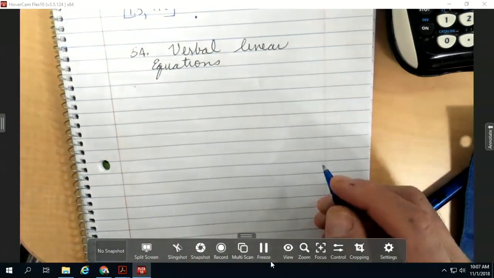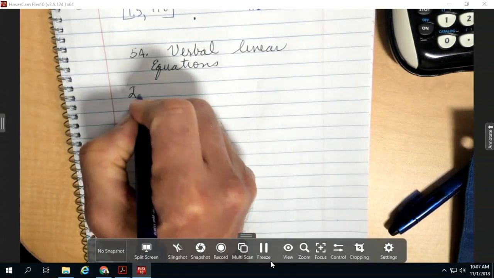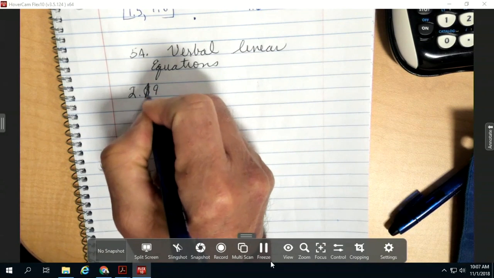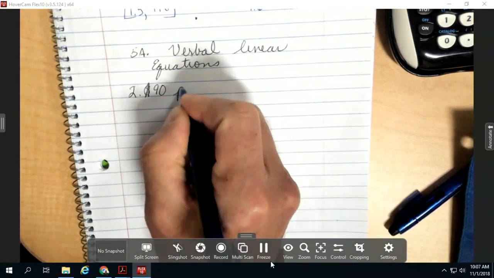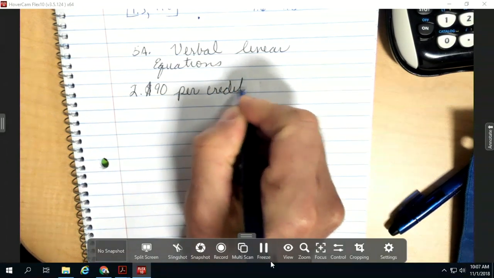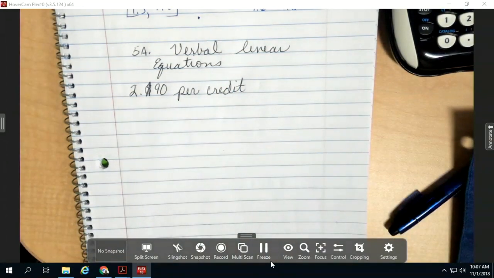For question number 2, we're going to start with the words $90 per credit, and we're going to see how to make interpretations based on that. So do parts A, B, C, D, and E. Go.